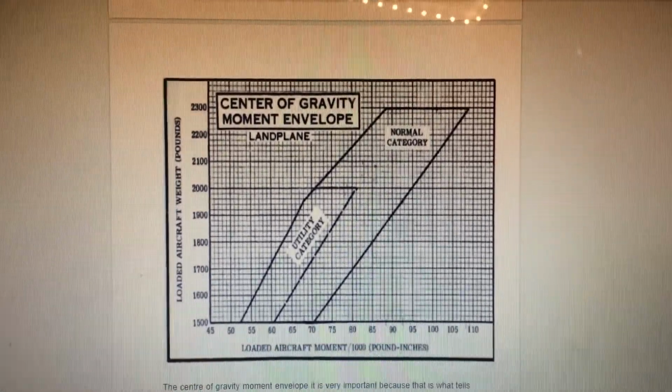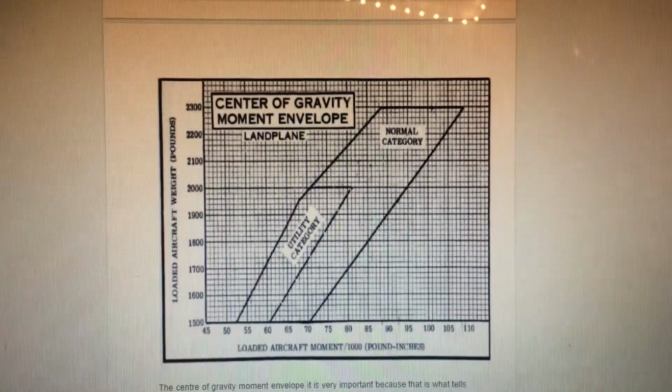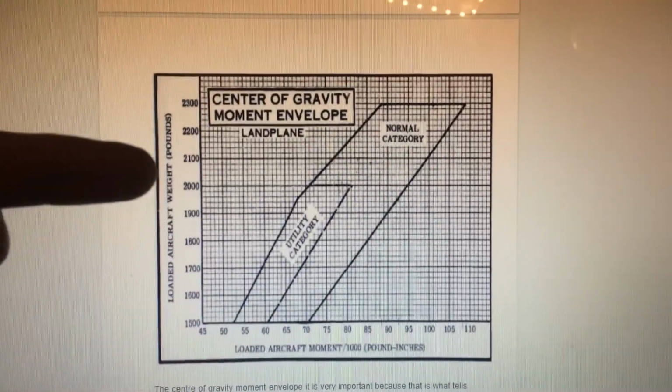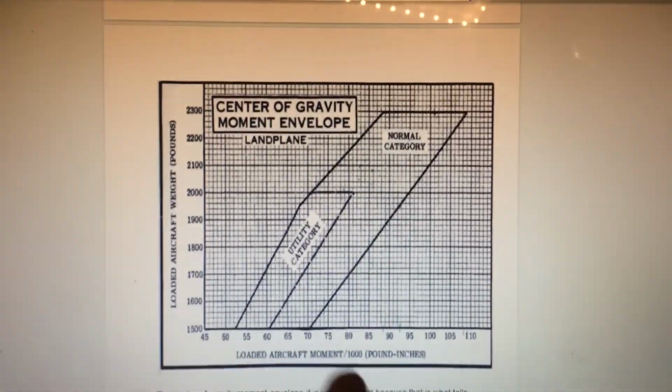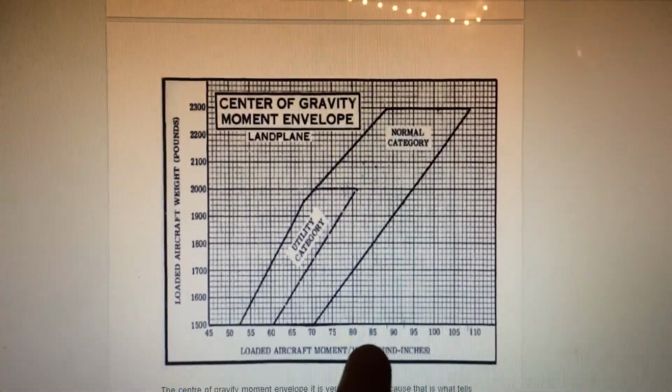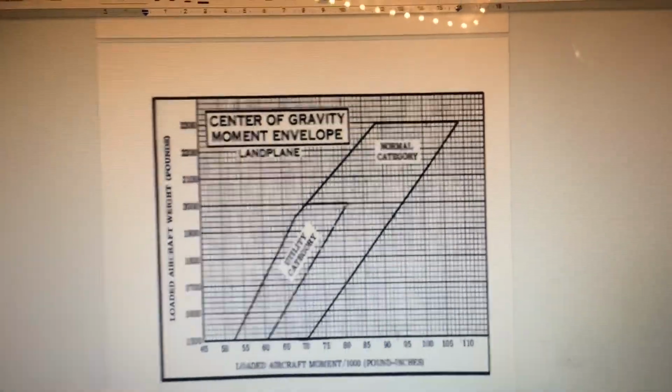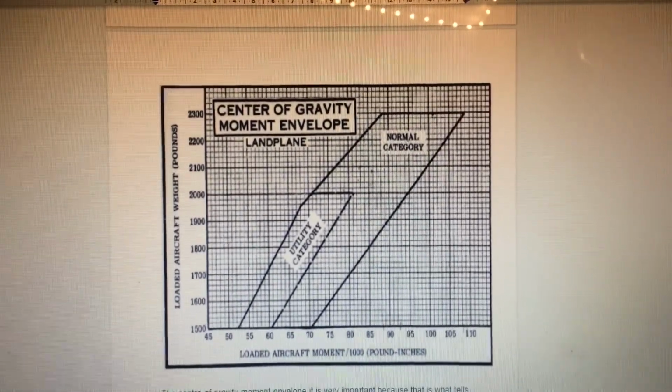We have to locate where we are. So let's say that we are at 2,100 weight, and we have 85,000 moment, and in total we will be around here.